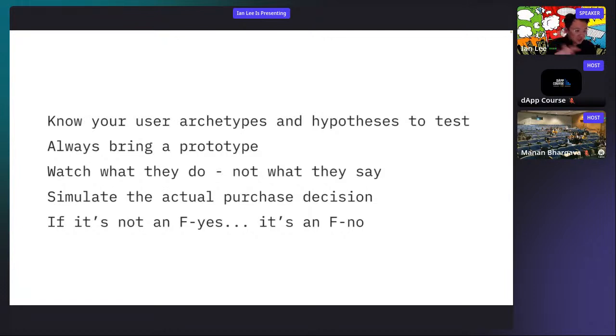And sometimes how they interact with it, if it's an actual clickable prototype, like a website or a mobile app, obviously you can get pretty good signal from that. But there are even more subtle ways. For example, one of the pro tips is to look at the person's face over video or in person when you're showing them something.